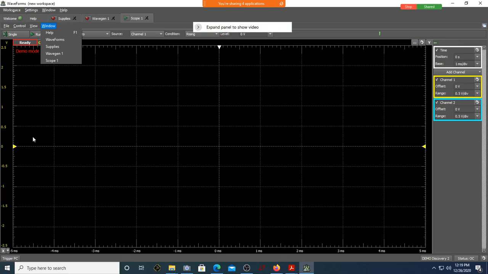Per division means this division. Can you see here, it is 0, 0.5, 1, 1.5, 2, 2.5. This is one division, like in your graph you're going to have 1 centimeter, which is 1 unit. On the same lines, this is 1 unit or 1 division. 1 division is 0.5 volt.